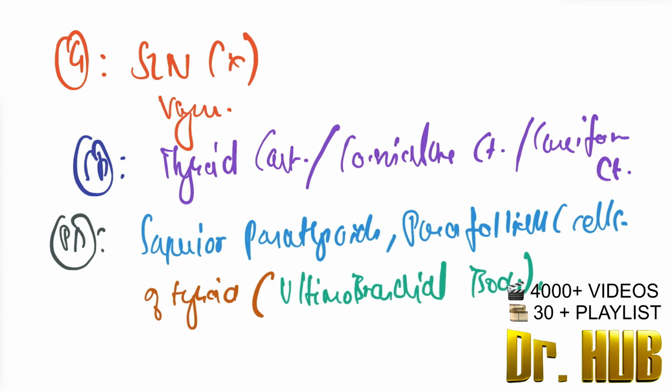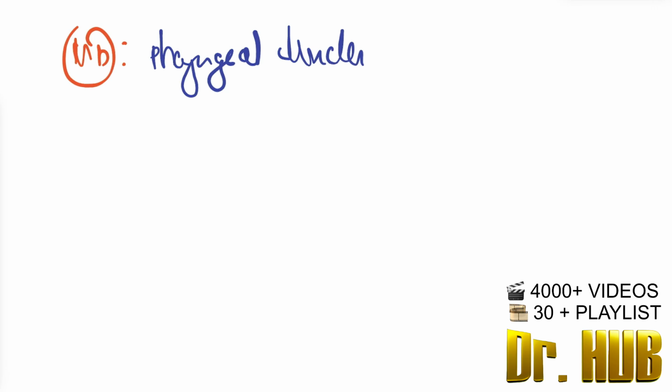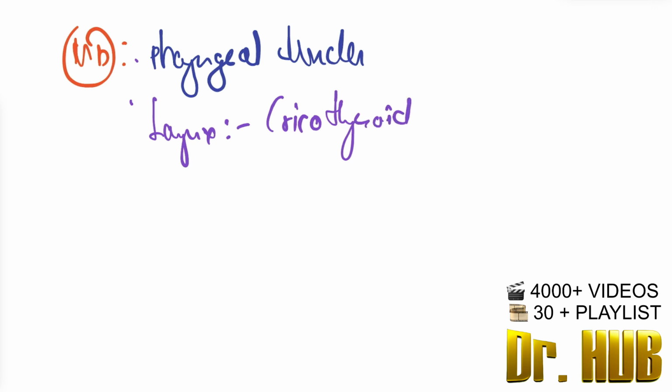So what will be the muscle derivatives here? All this is with respect to the fourth arch. The muscle derivatives are the pharyngeal muscles, and also the larynx, which means the cricothyroid, and there is also the levator veli palatini.